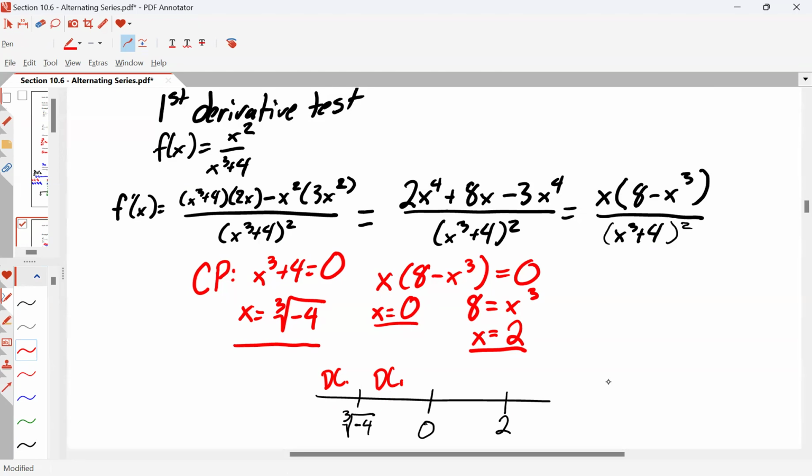But between 0 and 2, if we plug in, say 1, we'd get 1 times 7 all over 25, or 7/25. That is a positive number. Between 0 and 2, our sequence and our function is increasing.